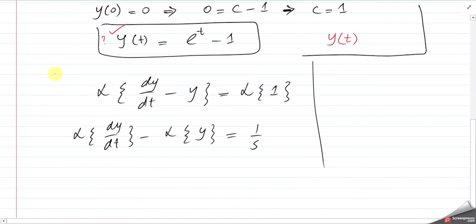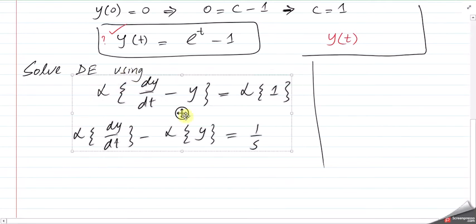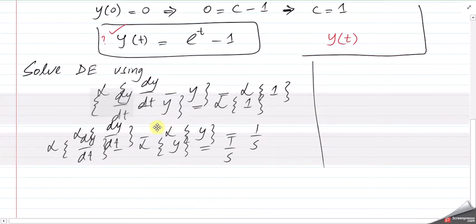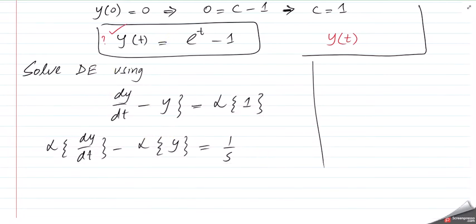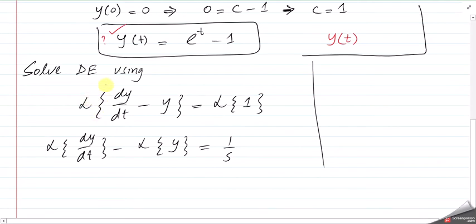Now we solve differential equation using Laplace transform.